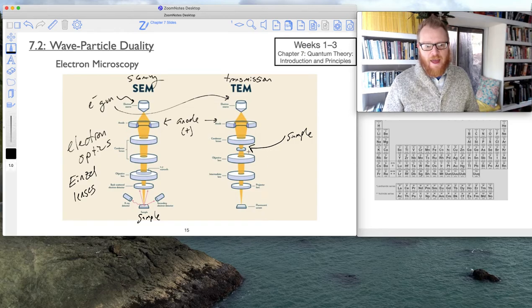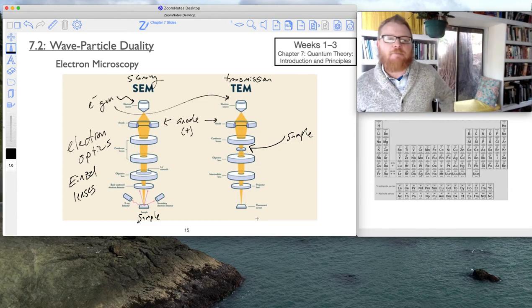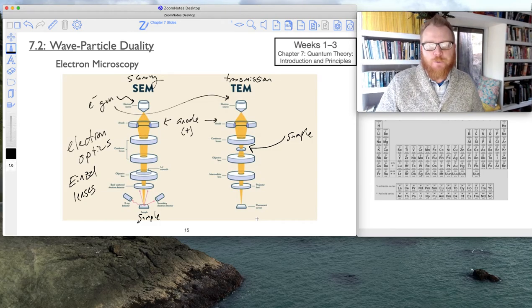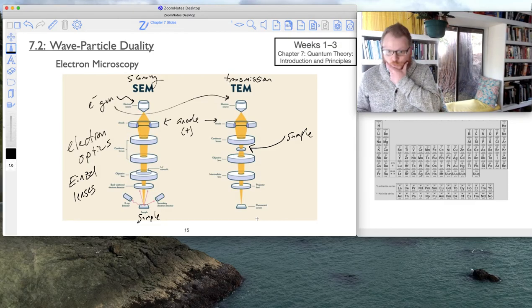Which is very cool. And then that diffraction pattern is shot onto a phosphorus screen, and lots of complicated math is used to convert that diffraction pattern into an image. And often that image is atomically resolved. So we get atomic scale, which is awesome.